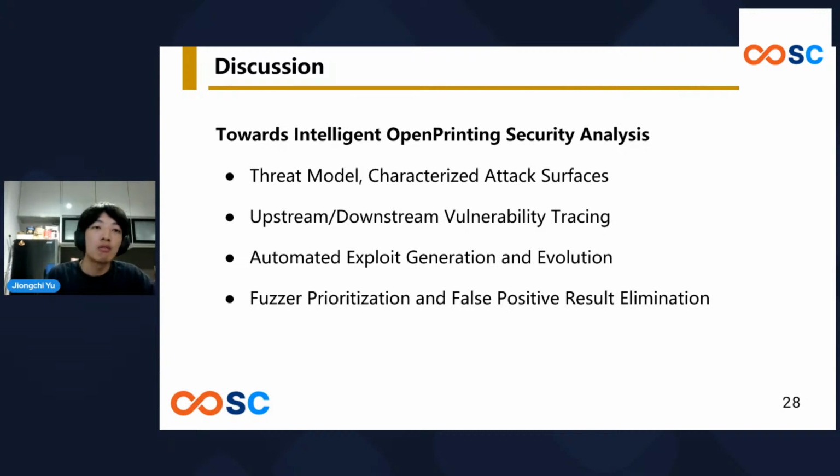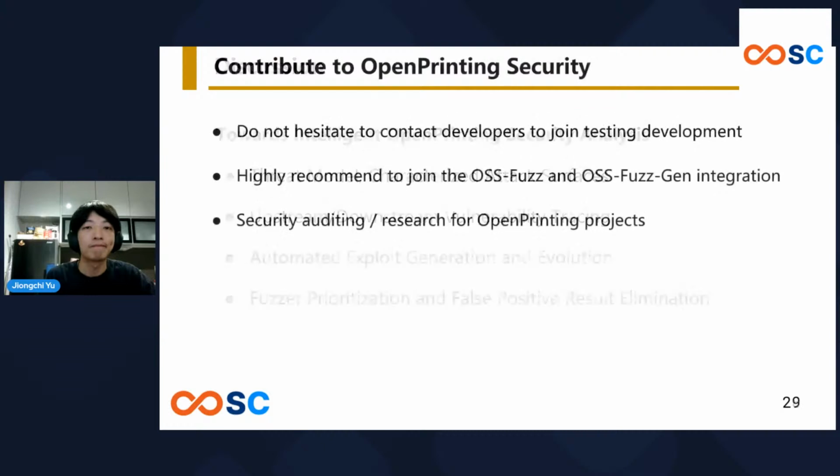And also we should know how to prioritize the fuzzers and how to mitigate the false positives of the results. So these can all be very meaningful directions in future development.